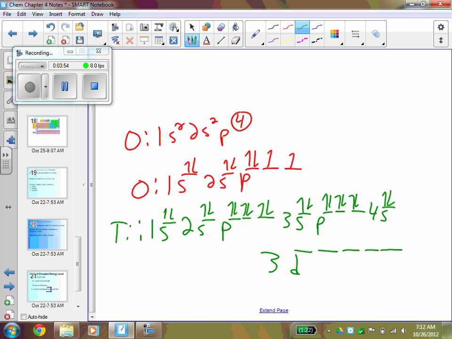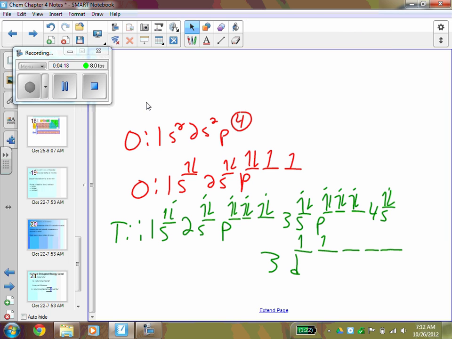Don't forget to draw all 5, but I only need, let's see here, 2, 4, 6, 8, 10, 12, 14, 16, 18, 20. I only need 2 electrons. So that's the correct orbital notation for titanium. Okay? So it follows the exact same patterns that we had before. We just have to include the Pauli exclusion principle, or the Aufbau principle.